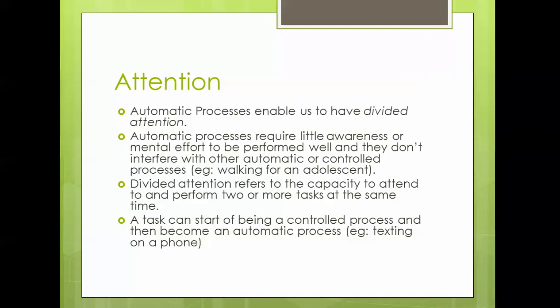So we can talk about the fact that walking for a young child can be controlled, but for you is an automatic process. But the example I've put there, texting on a phone. If you watch someone who's only learning how to text, they really need to exert a lot of attention. So selective attention, which means it's a controlled process. Whereas for you guys, it's very much an automatic process and you could probably do that while doing something else.